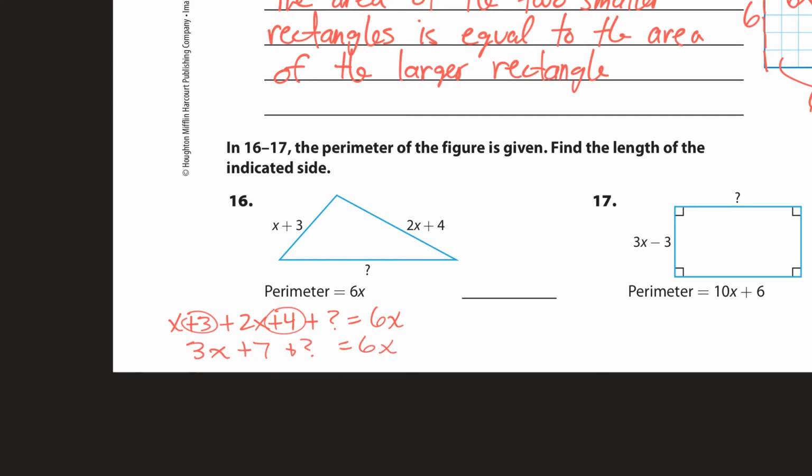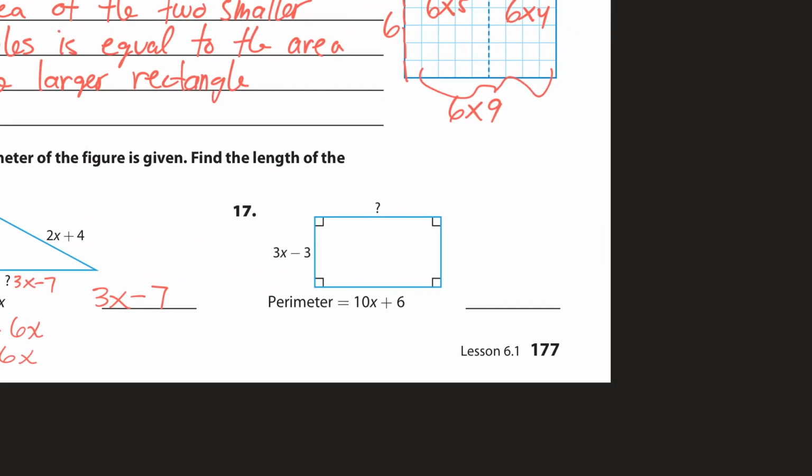And then further, I need to get rid of that 7 because on this side, I just have 6x. I don't have anything after it. So 3x plus 3x is 6x, great. I need to subtract 7 because 7 minus 7 is 0, since I want this side to be equal to the right side. So it'd have to be 3x minus 7. That's the length of this side, 3x minus 7.